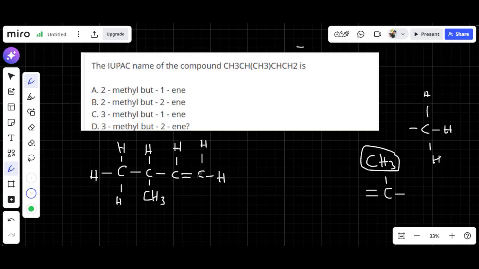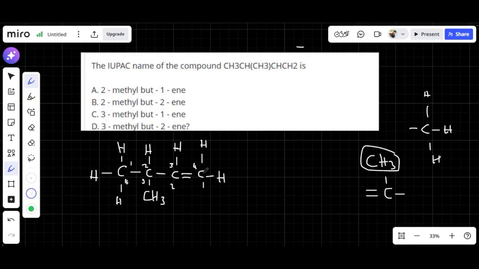Again, we have to take reference of where our functional group is, because our functional group is right here. So we cannot name like this, because if you say 1, 2, 3, 4, that means that our functional group is attached to carbon 3. But if we say 1, 2, 3, 4, that means our functional group is actually attached to carbon 1.